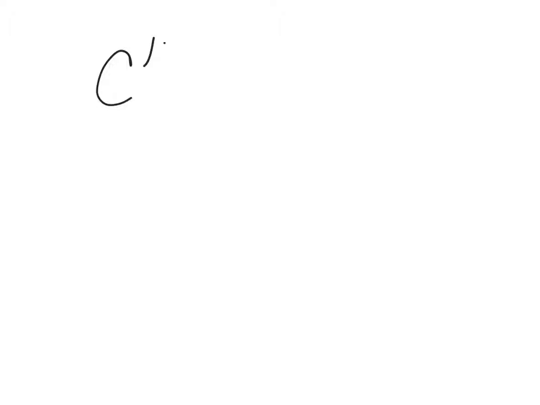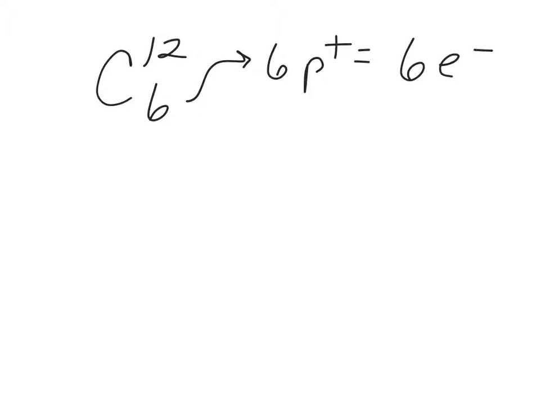So let's take our trusty old isotope of carbon, carbon-12. We know from its atomic number that it has 6 protons, which means a neutral atom of carbon also has 6 electrons. So we want to talk about where those 6 electrons are.